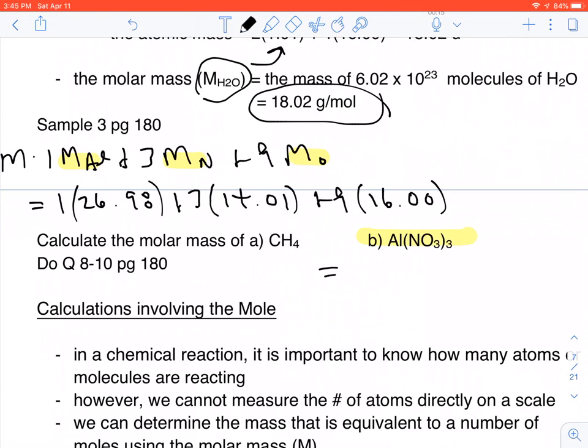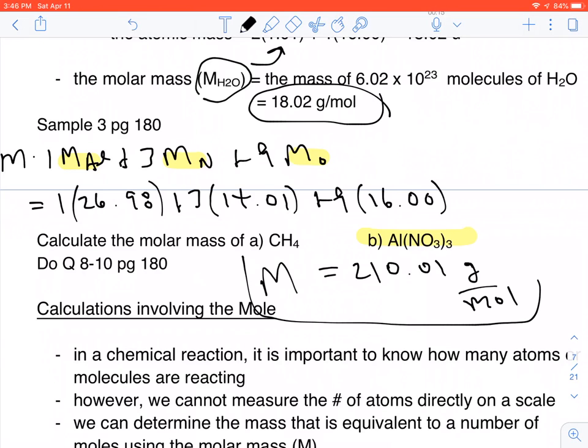I'm getting 213.01 grams per mole. So my molar mass for aluminum nitrate is 213.01 grams per mole. What does that mean again? It means that 1 mole of aluminum nitrate has a mass of 213 grams.